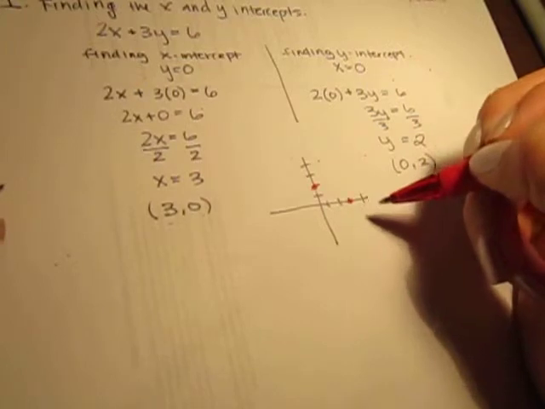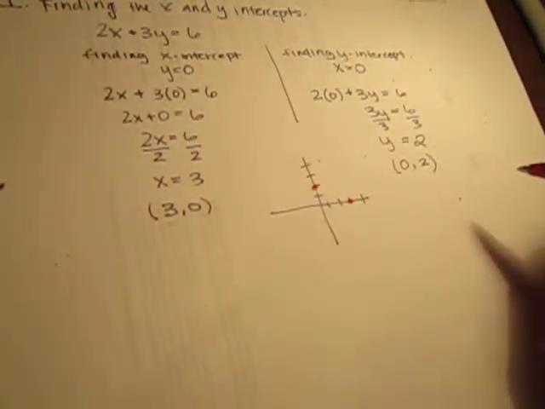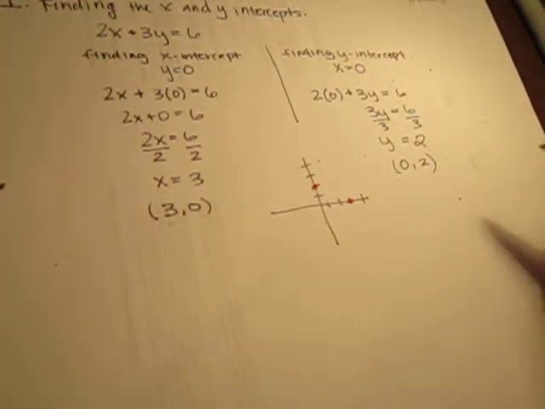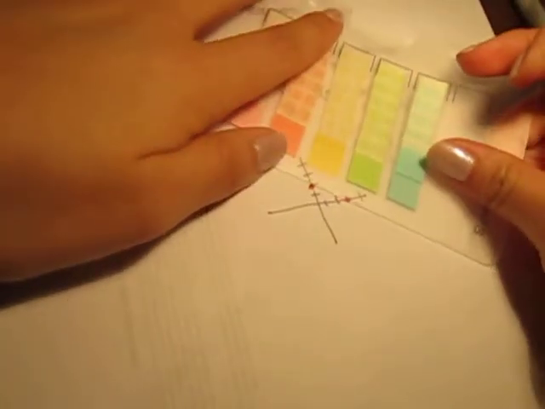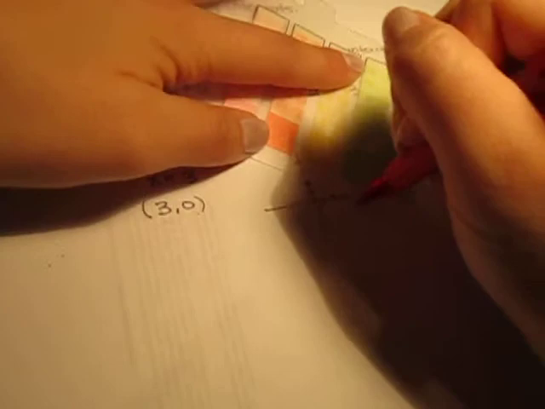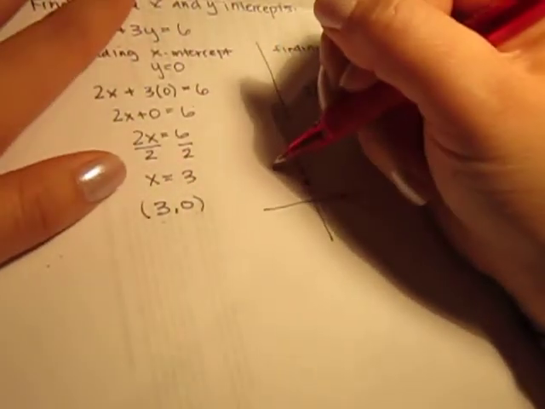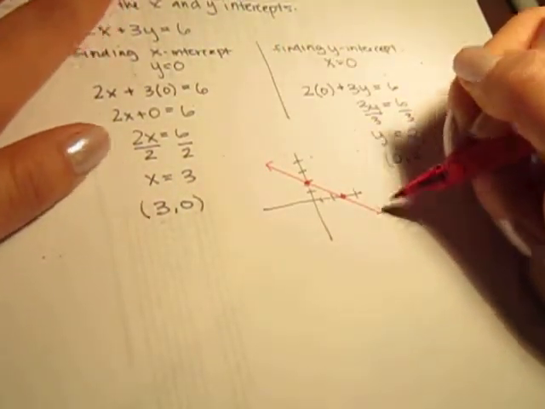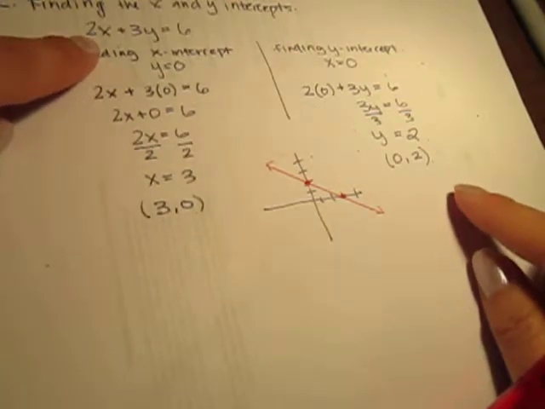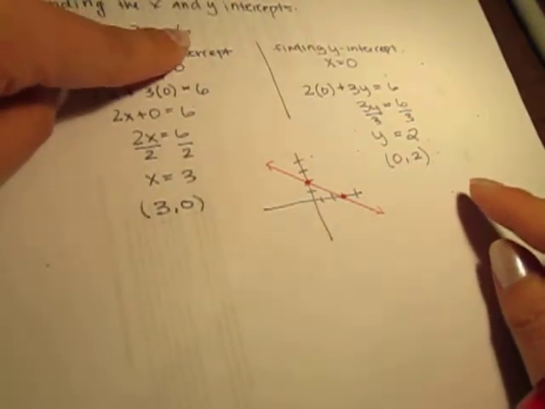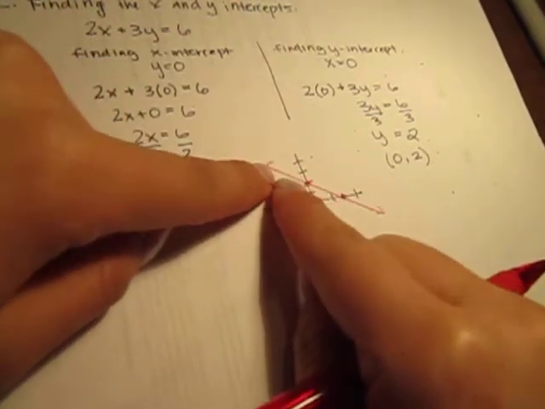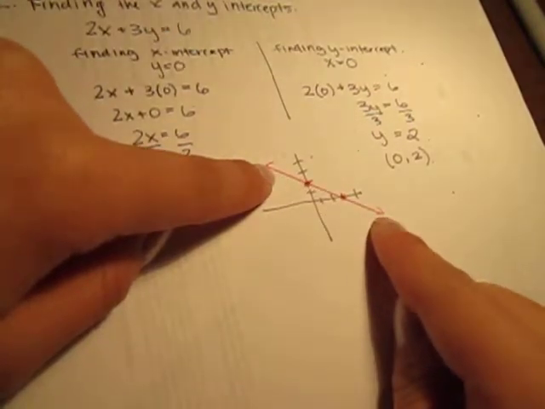So now we have these points. And let's see if I can get a straight edge. There it is. If I connect those two, there you go. So 2x plus 3y equals 6. That equation creates this line of solutions.